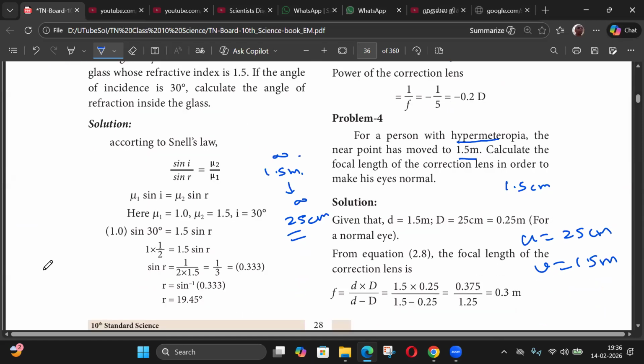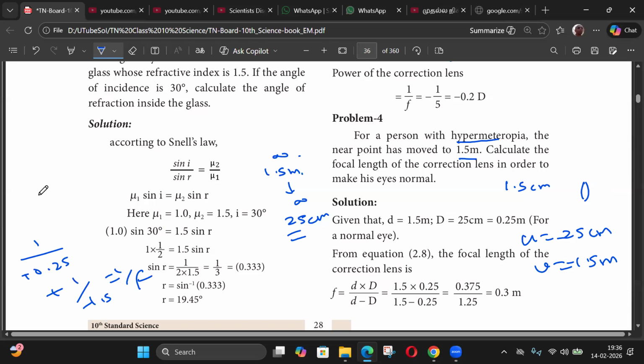Again, the same formula. So this is a convex lens, because old age people. Both U and V are negative. So 1 by minus U, it's 1 by plus 0.25, plus 1 by V, it's minus 1.5, equal to 1 by f. Why is it plus? Because it's 1 by minus U. That is the formula.